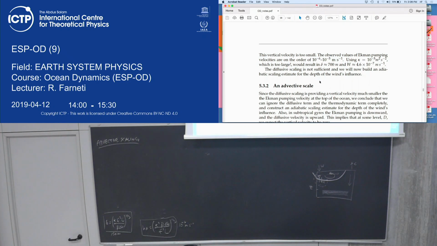Okay, so just the diffusive scaling, considering no wind stress at the surface, gives you an advection diffusion balance that predicts an Ekman pumping velocity and a thickness of the thermocline which is too weak.